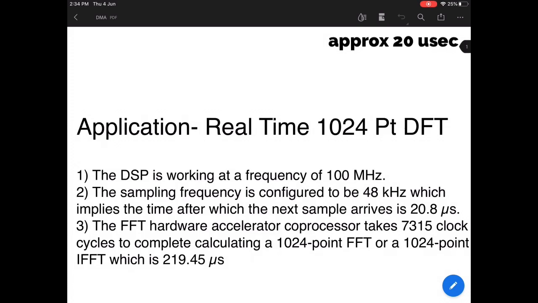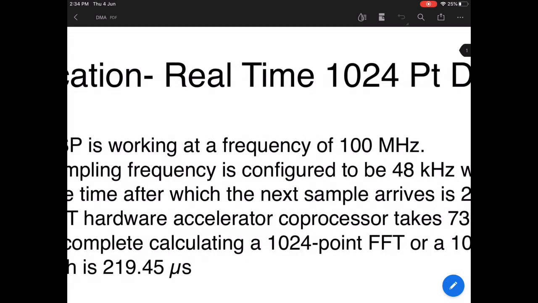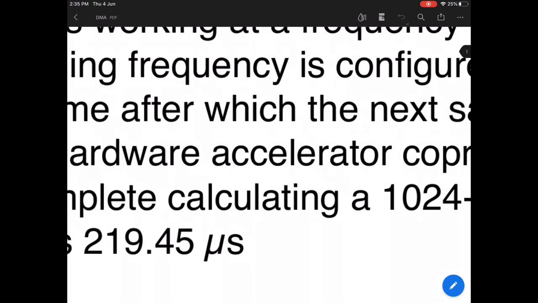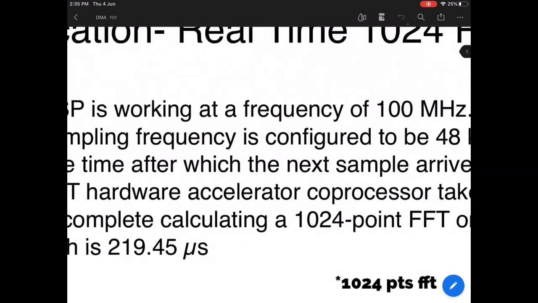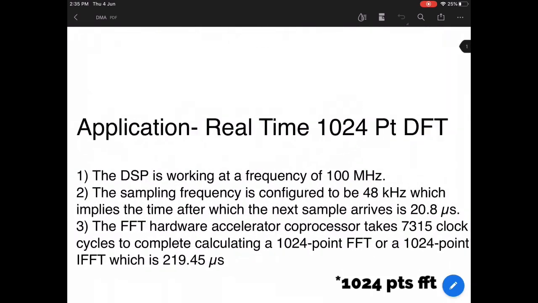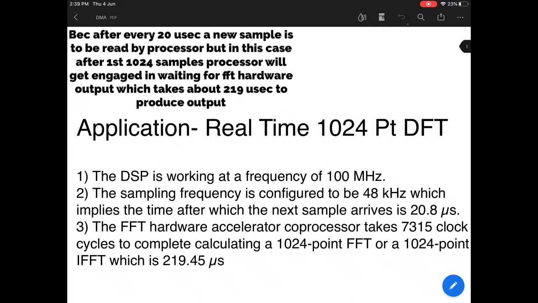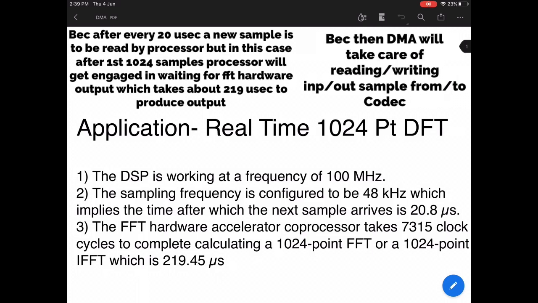And in the process we will be using an FFT hardware accelerator coprocessor which takes about 219 microseconds for doing a 1024-point FFT. So on the basis of this timing analysis we can conclude that while doing the FFT we would definitely miss some input samples. In this application, if we use DMA, then this issue of losing input samples will be gone.